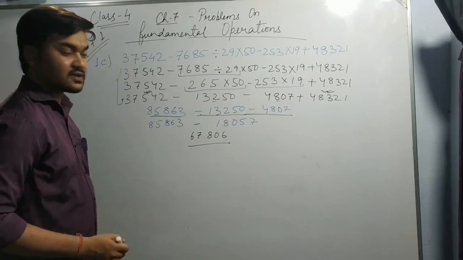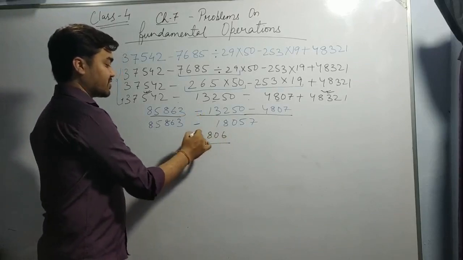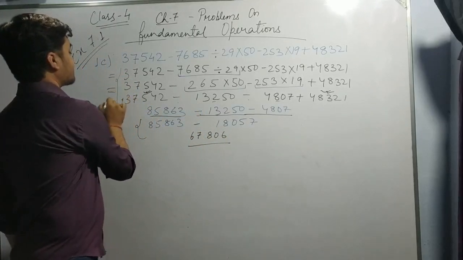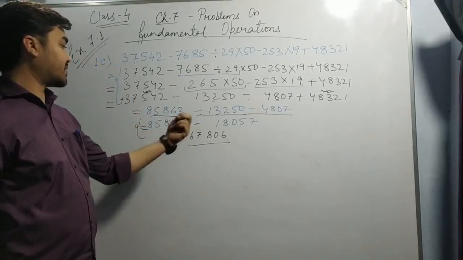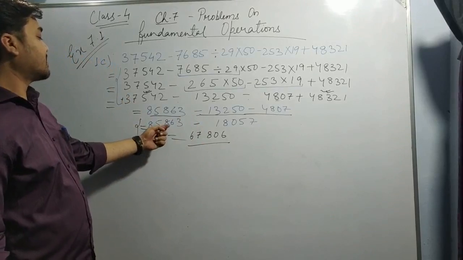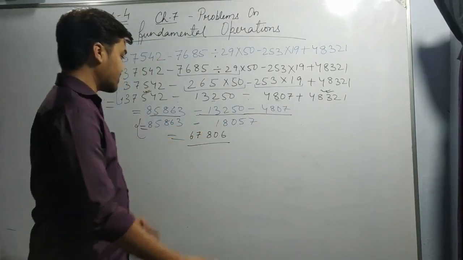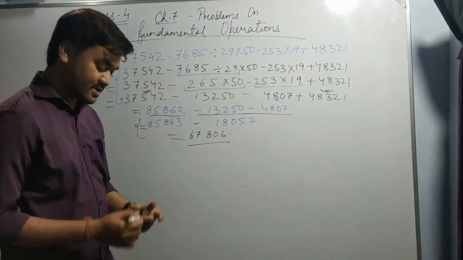Now the final answer: you have to subtract 85,863 and 18,057. When we subtract these two numbers, we get 67,806.